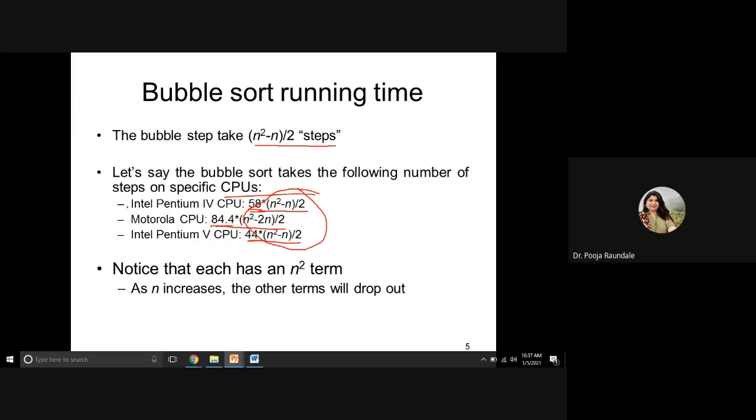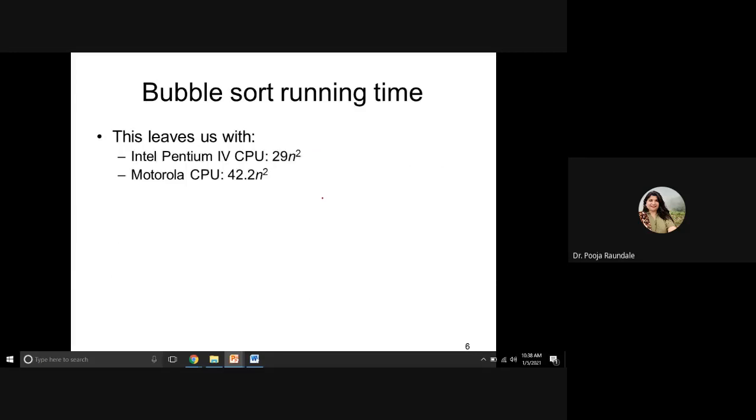So whatever the computer type, whatever your machine, if this is your bubble sort, and whenever your n increases very highly, from tens to hundreds to thousands to maybe millions, these constant numbers will drop out, and your runtime will depend strictly on n squared.